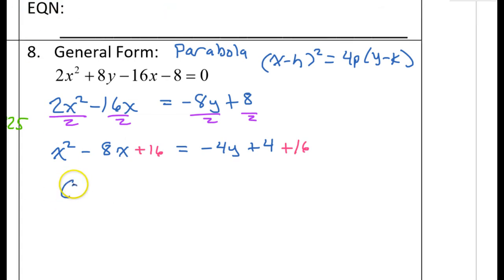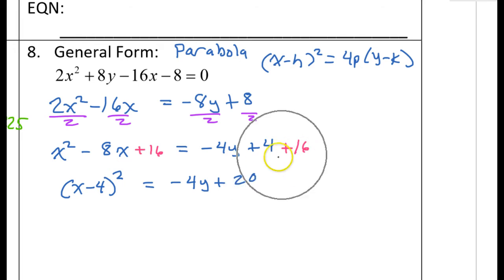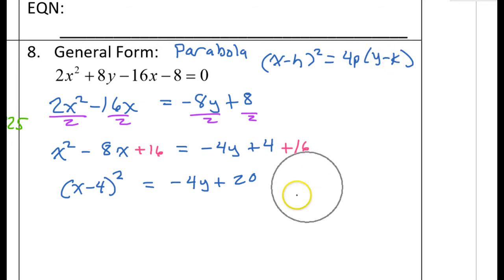This will now factor as x minus 4 times x minus 4, or x minus 4 squared. So I have negative 4y plus 20. Now I need to factor the negative 4 outside of parentheses.